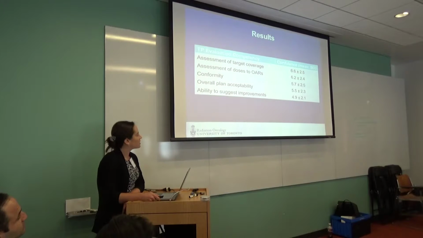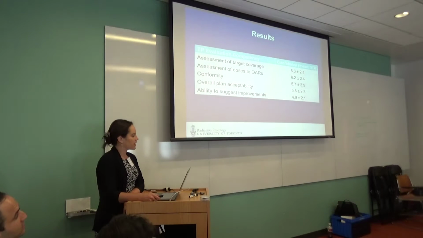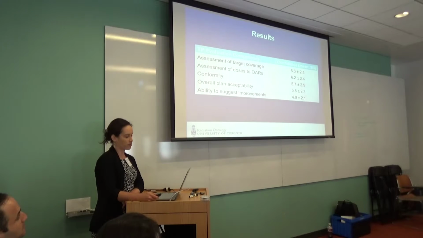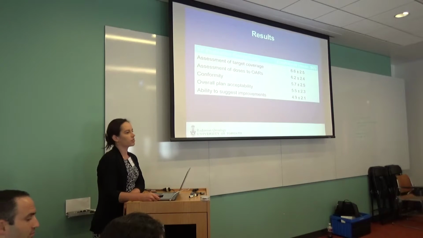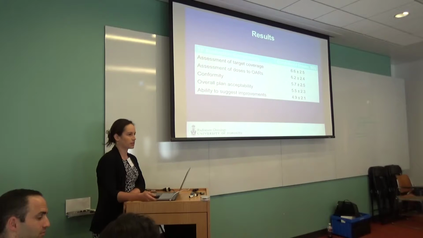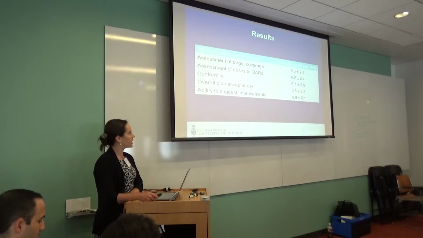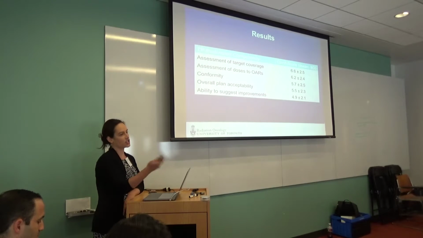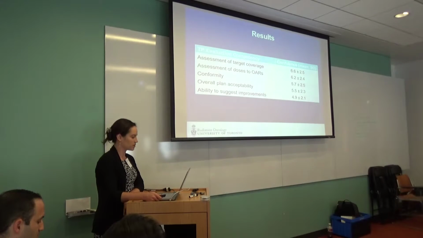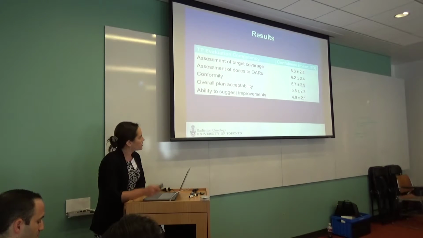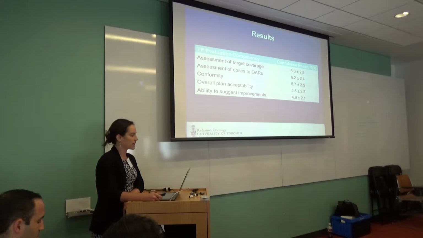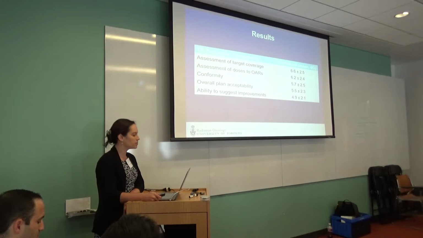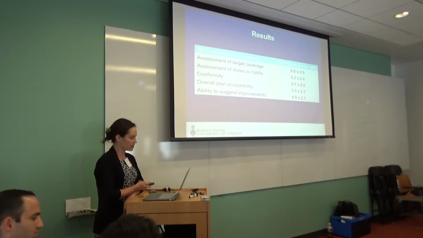You can see that some of the more straightforward aspects of treatment plan evaluation, like target coverage and OAR doses, were ranked with more confidence, whereas some of the more complex aspects, such as overall plan acceptability and ability to suggest improvements to treatment plans, were ranked lower. You'll also notice there is a bit of a spread with the standard deviations, and we have speculated that that's due to the range of training, the level of trainees in the program who completed the survey.